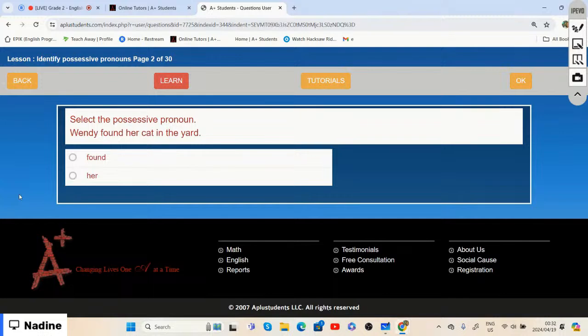Remember, a possessive pronoun shows who or what owns something, or who or what has something. Is it found or her? We found her cat. Who does the cat belong to? We found her cat in the yard.